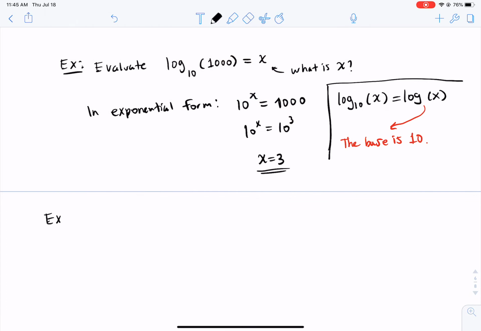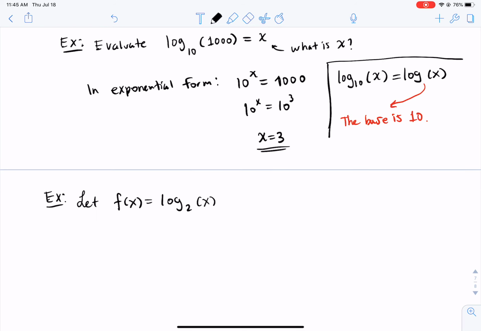Anyways, here is our question now. Let f of x be equal to log base 2 of x. How is this going to look? Sketch the graph of f of x.